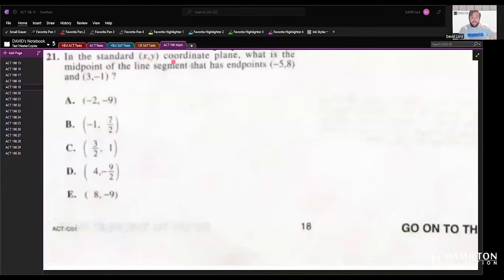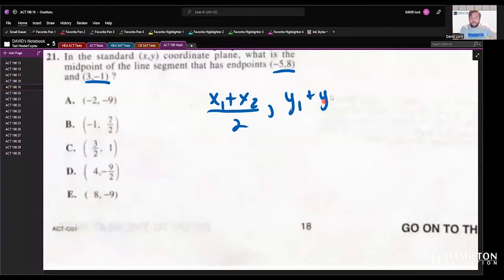Question number 21. In the standard xy coordinate plane, what is the midpoint of the line segment that has the endpoints of -5, 8 and 3, -1? So the midpoint is like the average of 2 points. So I'm going to add up the x's. So x1 plus x2 over 2, comma y1 plus y2 over 2 is our midpoint formula.